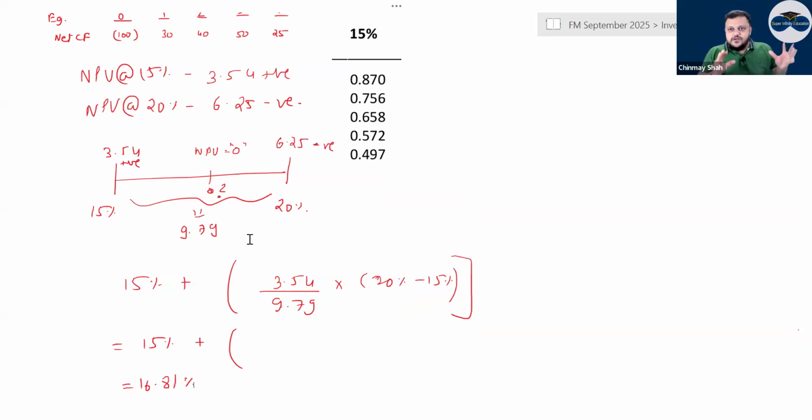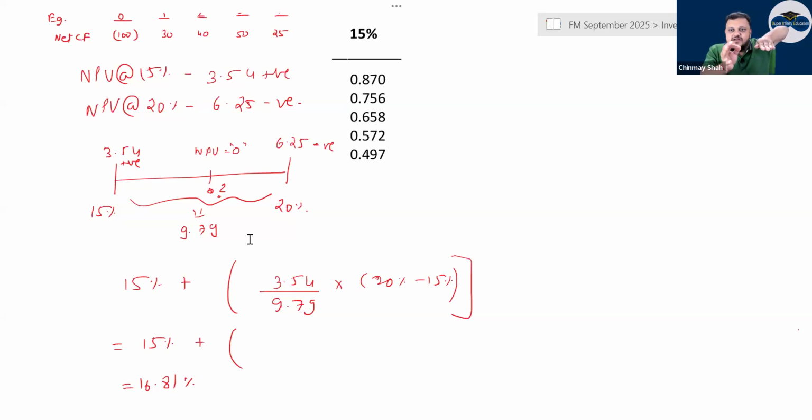So can we conclude, long discussion short: IRR can be calculated by using two NPVs or two rates, if you are doing it by the pen and paper method. One NPV should be positive and one NPV should be negative, so that IRR falls between those.